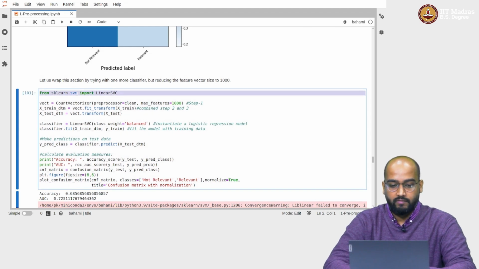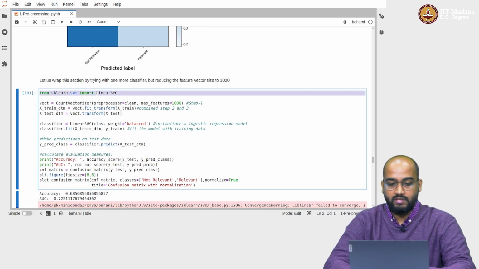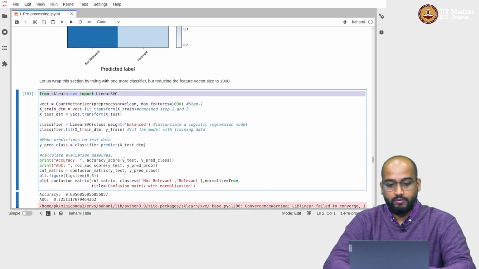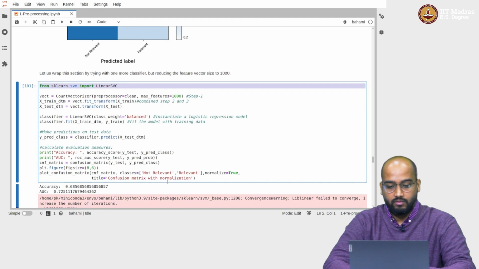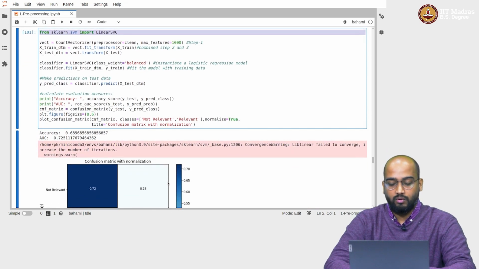Earlier we were trying different ways of creating vector representations using count vectorizer or word2vec. Here, using the same data, I am trying different models. So I think this is the total summary of what we wanted to cover in this tutorial.